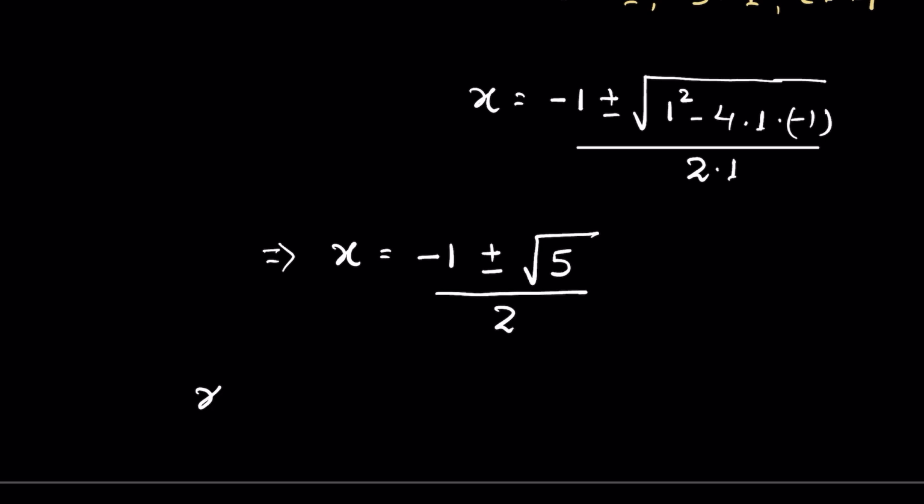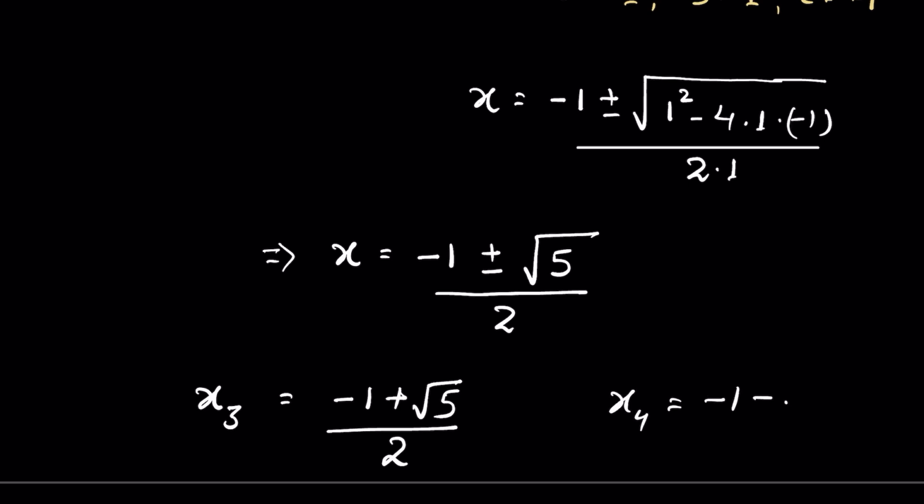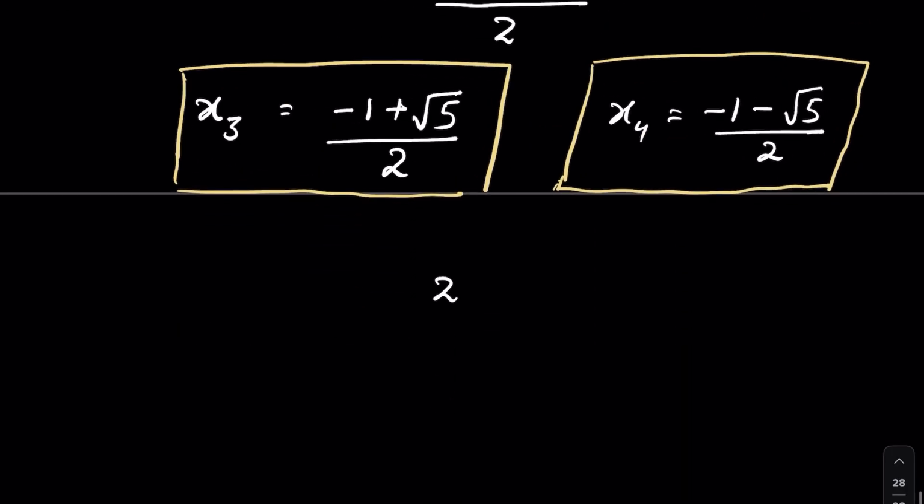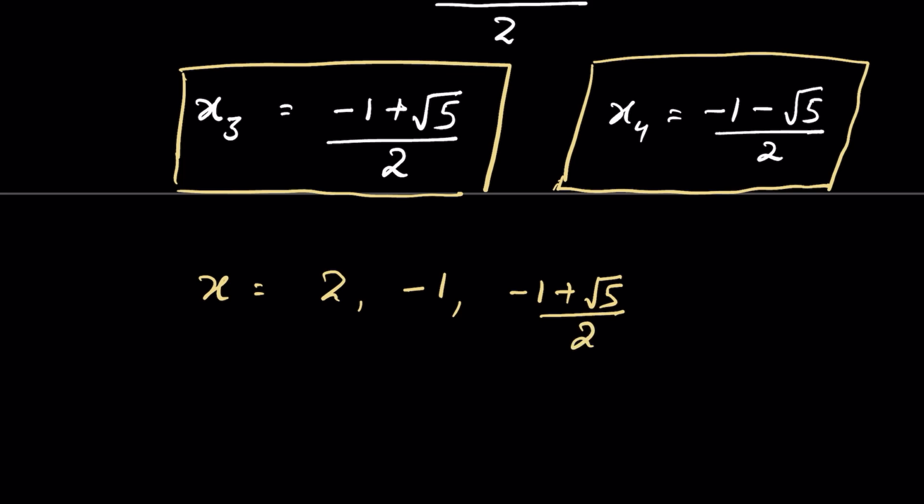So the third value for x will be minus 1 plus square root of 5 upon 2, and the fourth value for x will be minus 1 minus square root of 5 upon 2. So the 4 values for x are x equals 2, minus 1, minus 1 plus square root of 5 upon 2, or minus 1 minus square root of 5 upon 2.